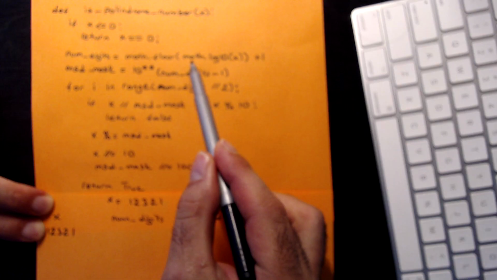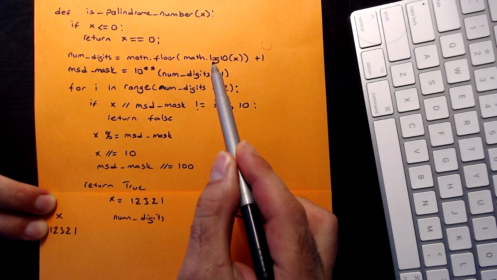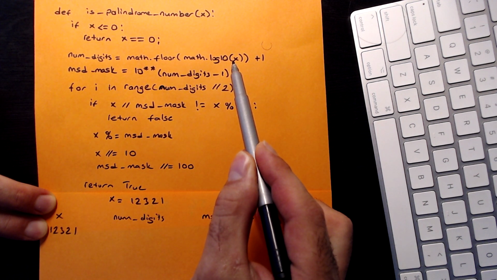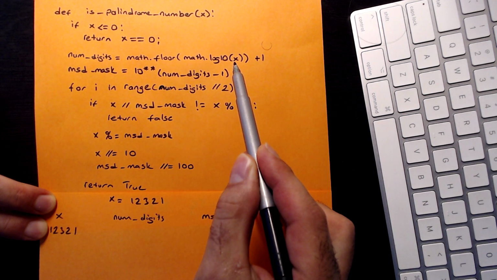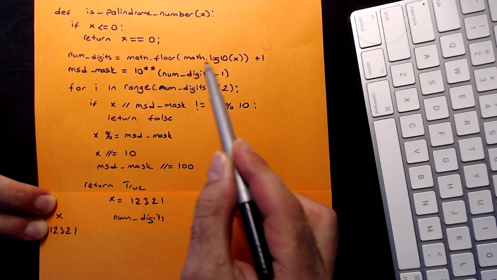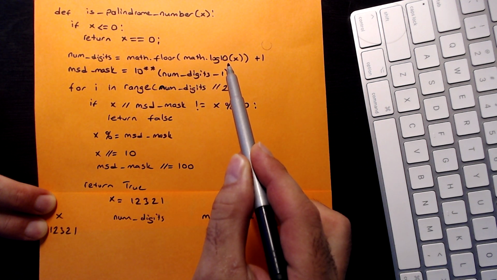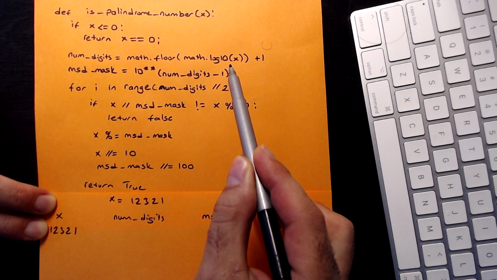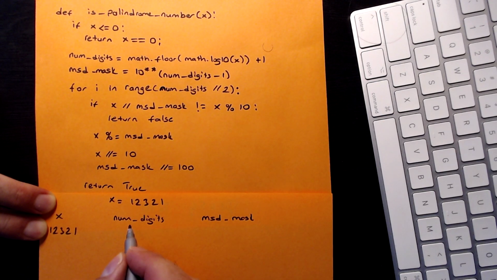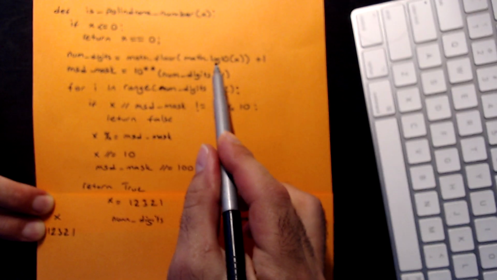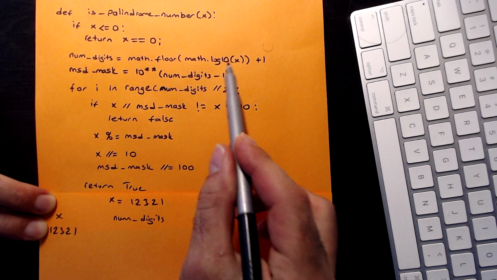So we are taking math.log10 of x, which is 12,321, and this is going to return us 4 point some number.